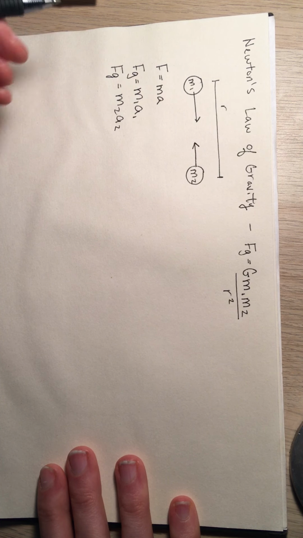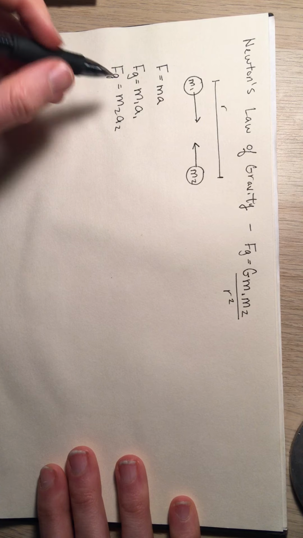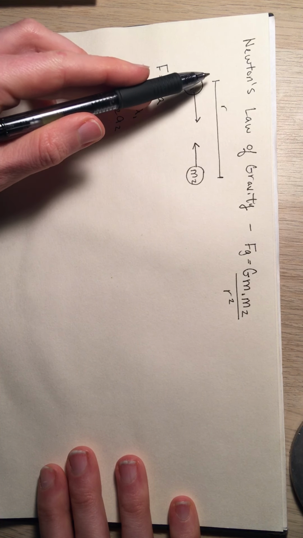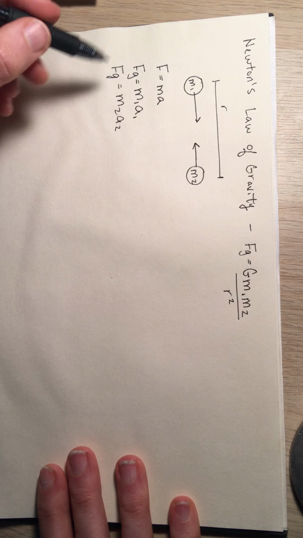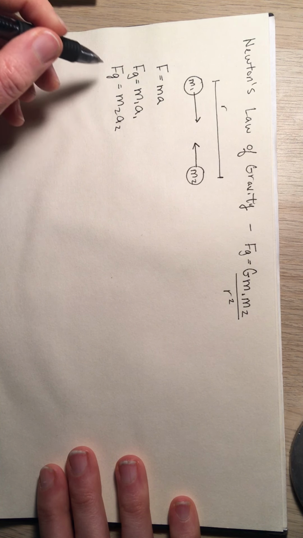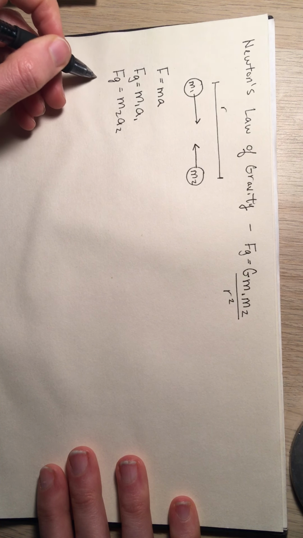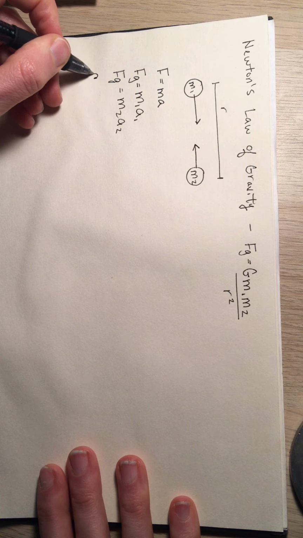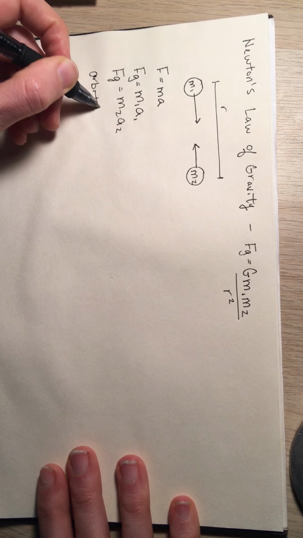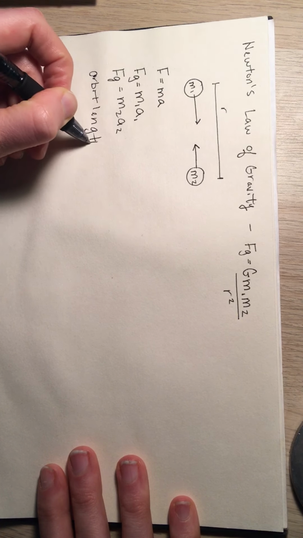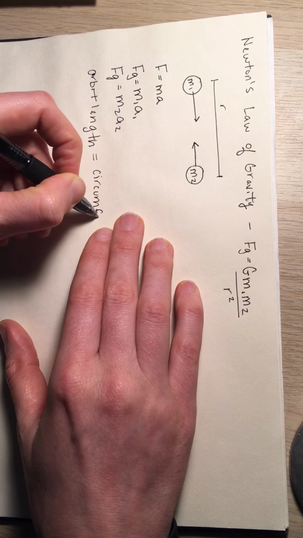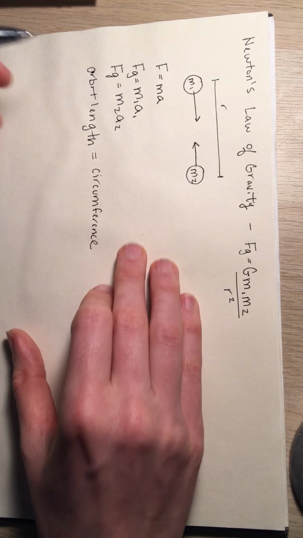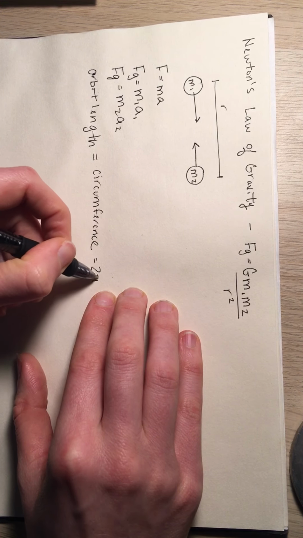And so, just to go over that geometry now, if we know the radius of a circle, we can calculate its circumference, which is the length of the orbit, by saying that the orbit length equals the circumference of the circle equals 2 pi r.